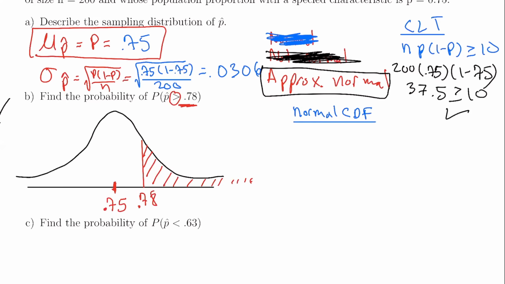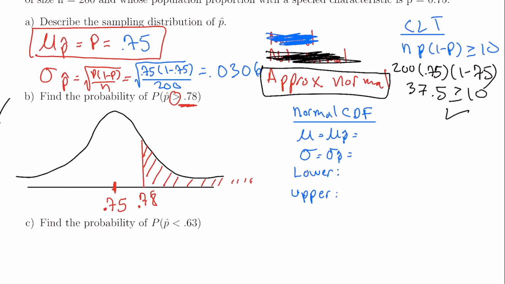For normal CDF, it's going to ask you for mu, for sigma, for the lower bound, and for the upper bound. The only thing different is that instead of putting mu, we're going to put mu of p hat, and instead of sigma, we're going to put sigma of p hat.